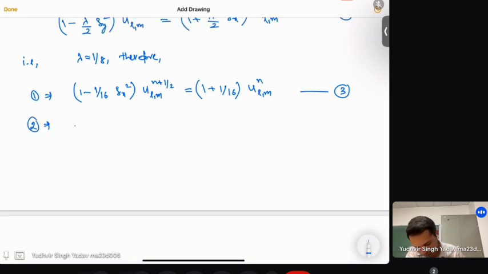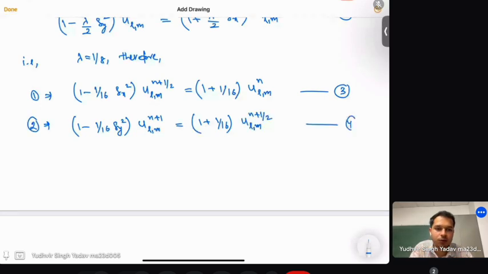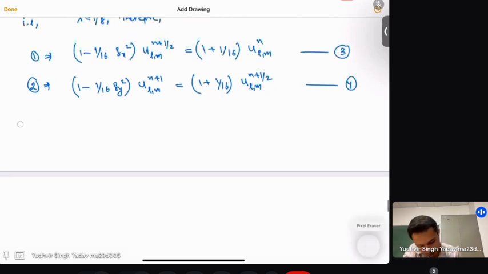And equation 2 will reduce to 1 minus 1 by 16 delta y square U(L, M) at n plus 1 equals 1 plus 1 by 16 delta x square U(L, M) at n plus half. Let us number it equation number 4. So these are the simpler equations. Now we will start to find the solutions. First we will take n equals 0.